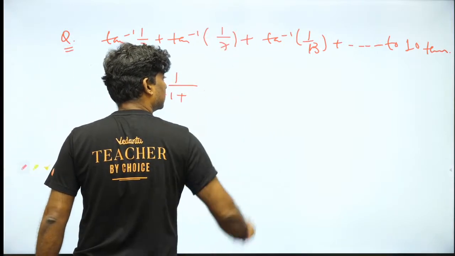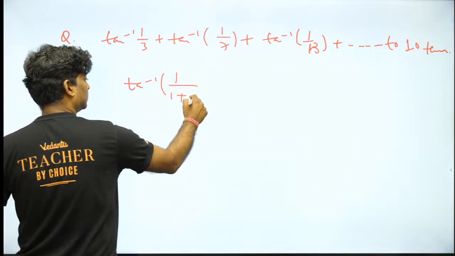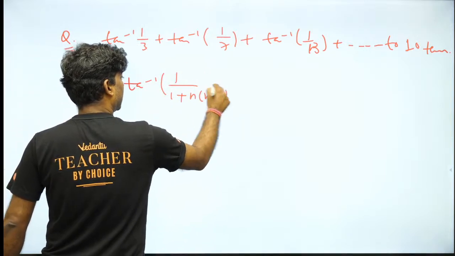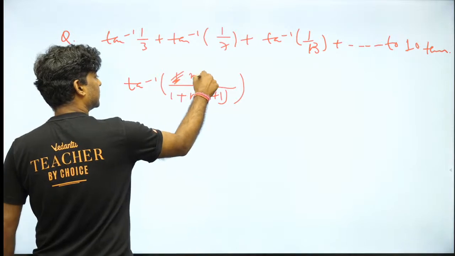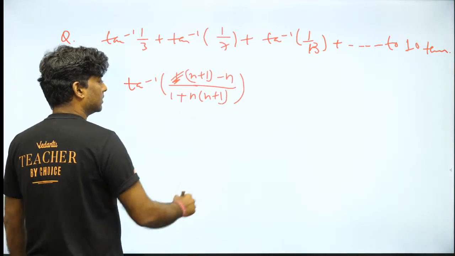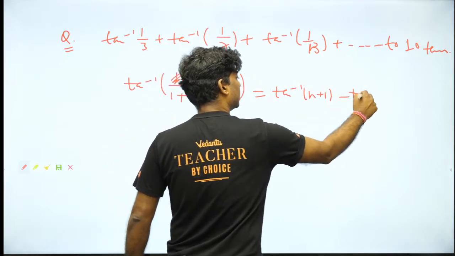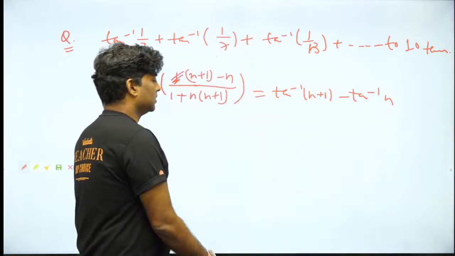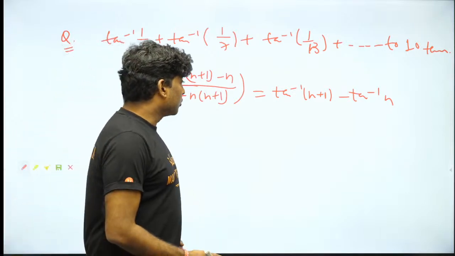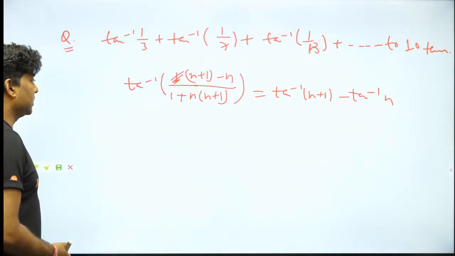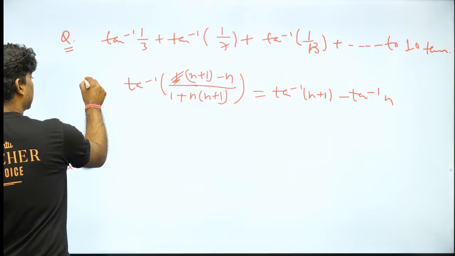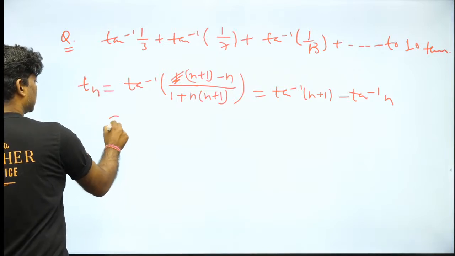What is the general term? General term is 1 upon 1 plus 2, 6, 12, that is n into n plus 1. And 1 can be written as n plus 1 minus n, isn't it? So this becomes tan inverse of n plus 1 minus tan inverse of n.